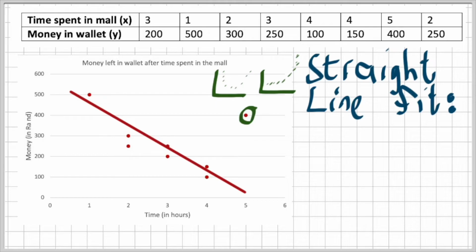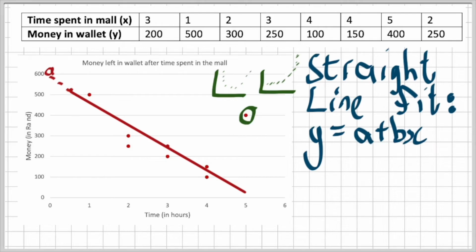So when I start with a straight line, I know that I've got to do y equal mx plus c. But instead of using y equal mx plus c, we are going to use y equal to a plus bx. What does a represent? That's now a good question. A would represent, if I had to extend this line, your y-intercept.